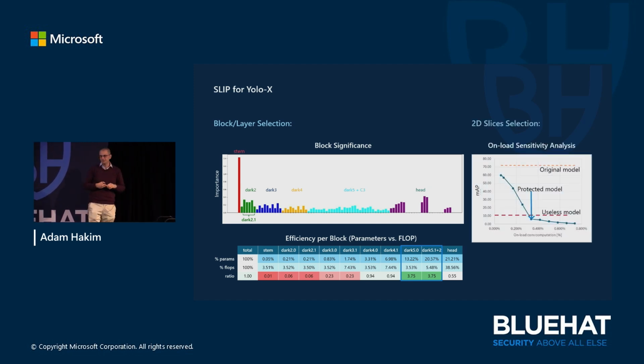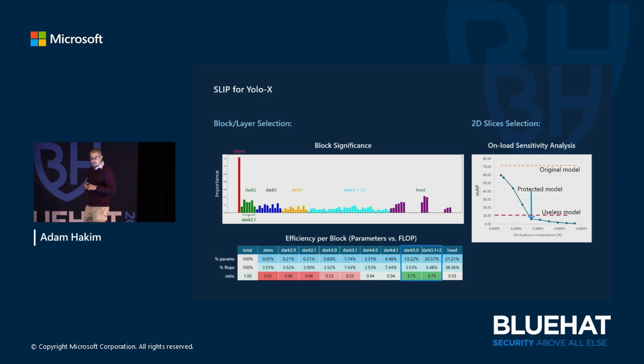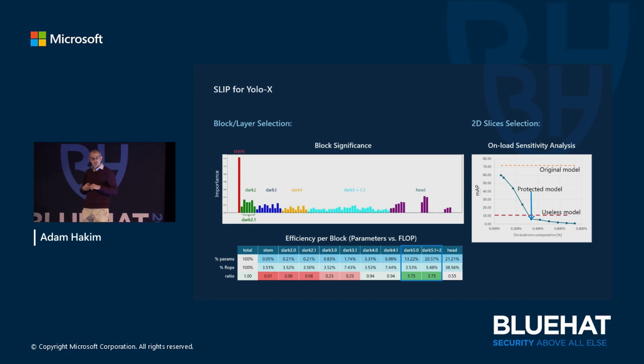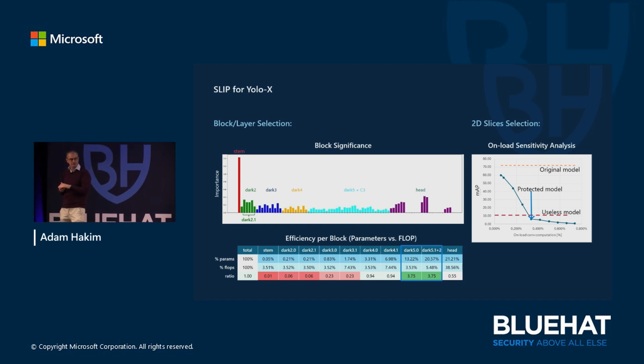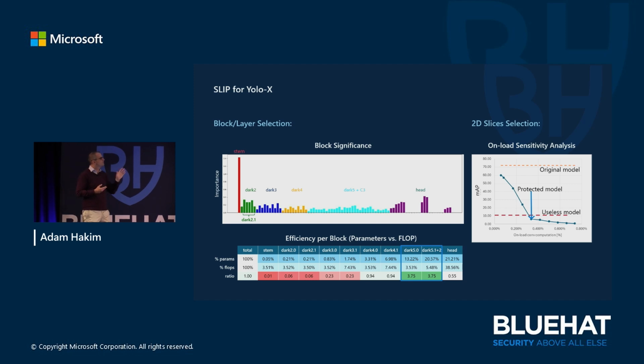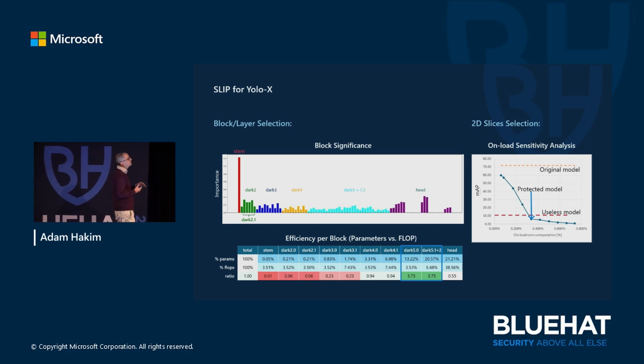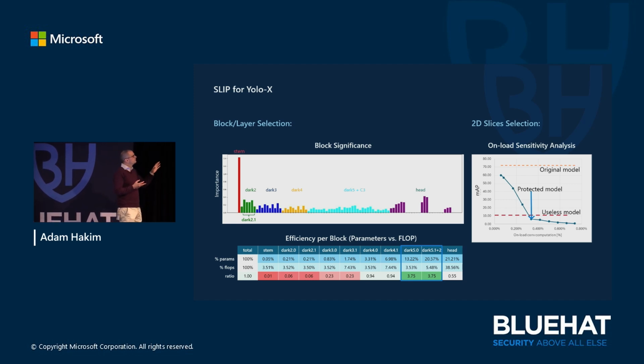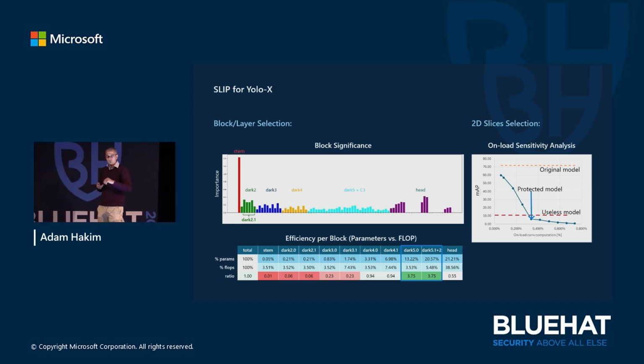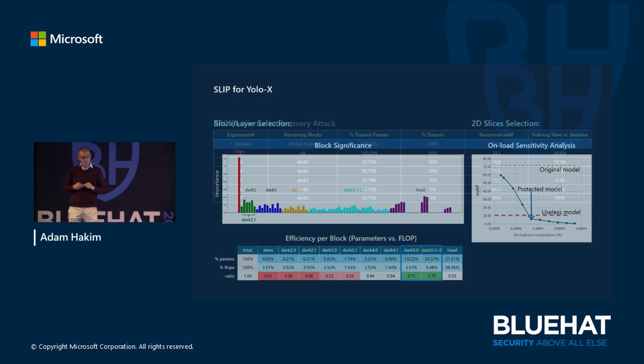Here is an example that shows that just hiding away 0.34% of the model degrades the performance of the exposed model to below 10 mean average precision. That's the metric for CNNs we use here, mean average precision score. The original model is about 70, and just removing 0.3% of the model brings it down, with our technique, to below 10.